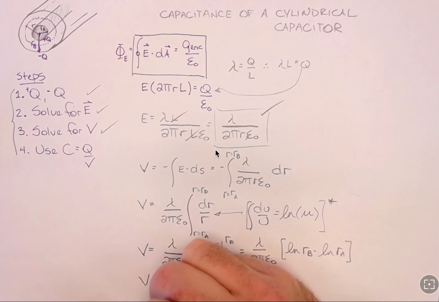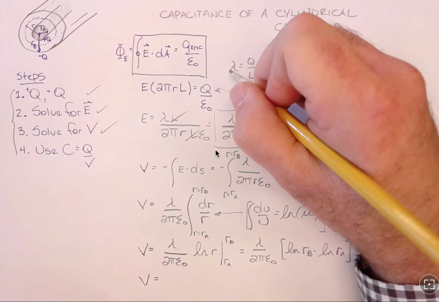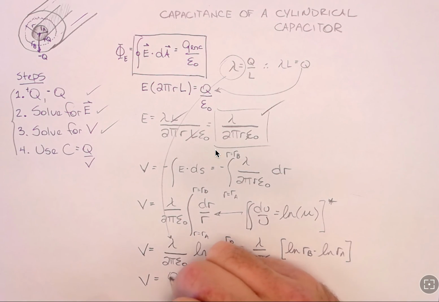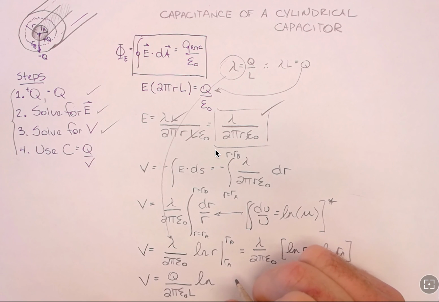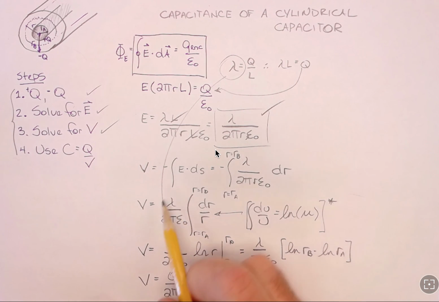So let's go ahead and do that. This becomes V is equal to, let me go ahead and make one more substitution in for lambda. It's going to be Q over L. So basically, I'm substituting here into here. This becomes Q over 2 pi epsilon naught L times the natural log of RB over RA. It appears as though I have forgotten my minus sign.